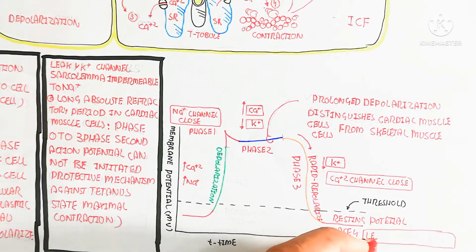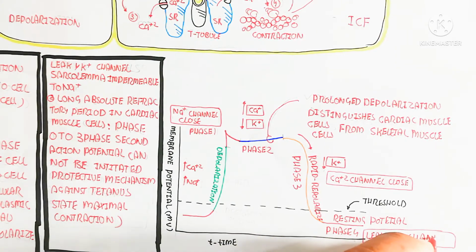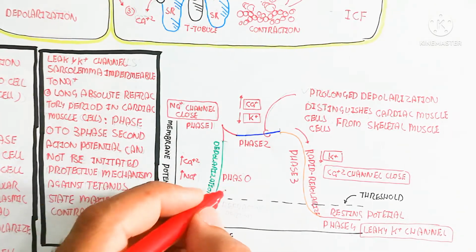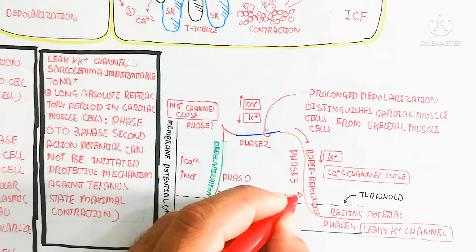Then the leaky potassium channel opens, moving potassium inside, which covers the recovery phase, and potassium is recovered again.